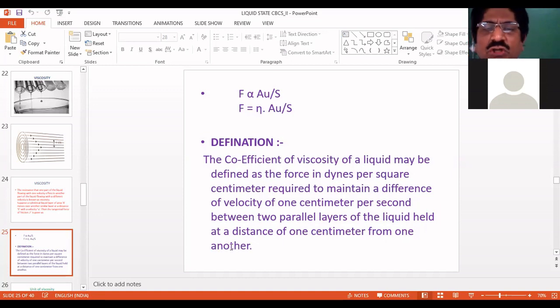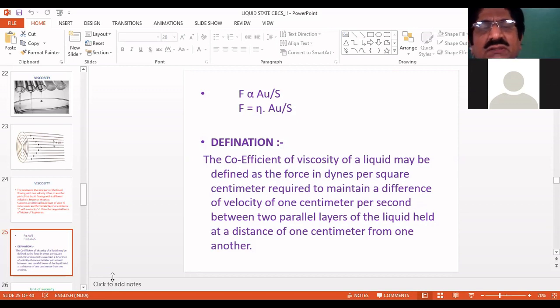The coefficient of viscosity of a liquid. Once again, we can say that the coefficient of viscosity of a liquid may be defined as the force in dynes per square centimeter required to maintain a difference of velocity of 1 centimeter per second between the two parallel layers of the liquid held at a distance of 1 centimeter from one another.